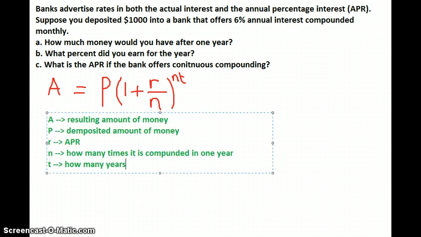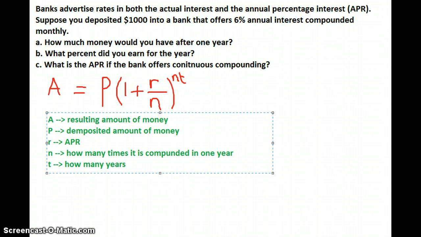So A is the resulting amount of money that you get after you deposit a certain amount and certain years pass and you get some interest on top of your money. So P is what you deposit, and then A is what you get back after all of this time and interest. R is the interest, and N represents how many times it is compounded in 1 year. And it always talks about how many times in 1 year. And then T is how many years total.